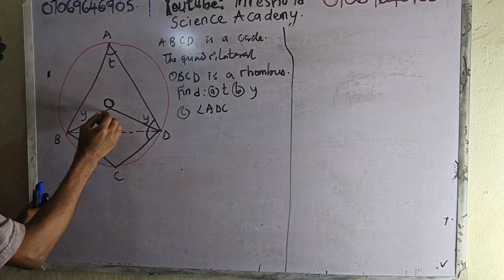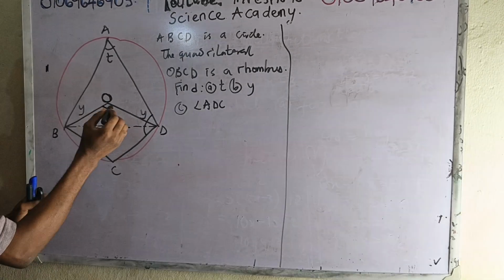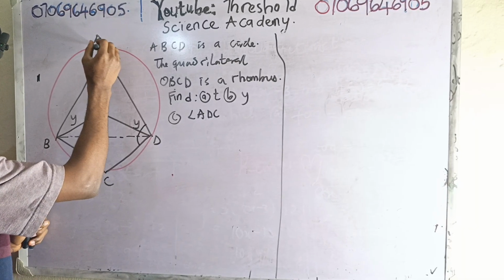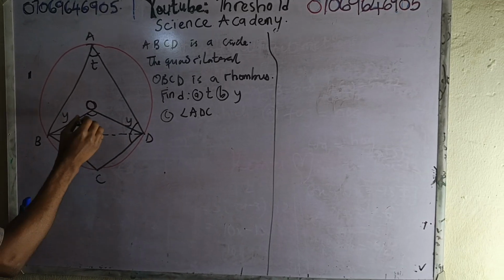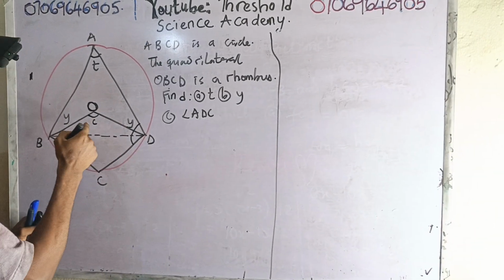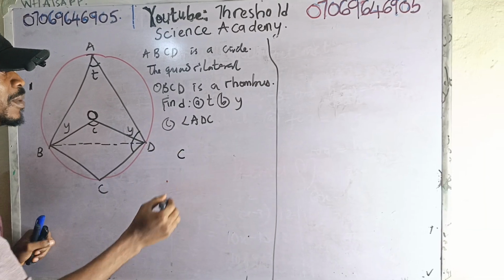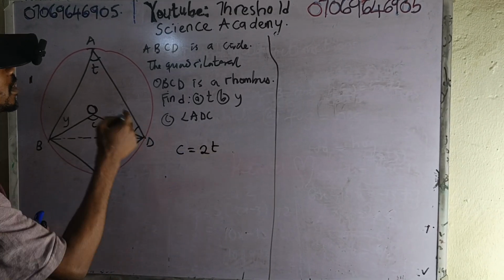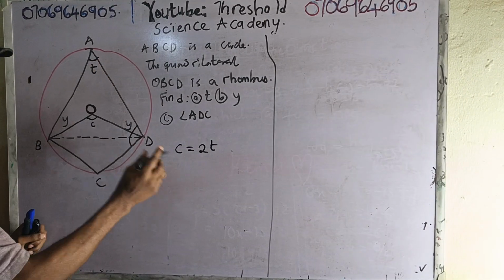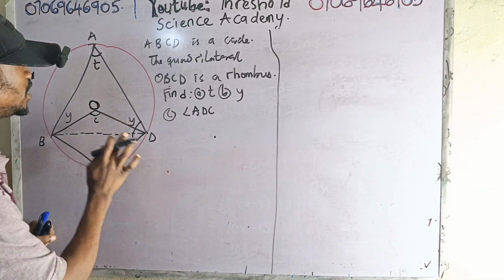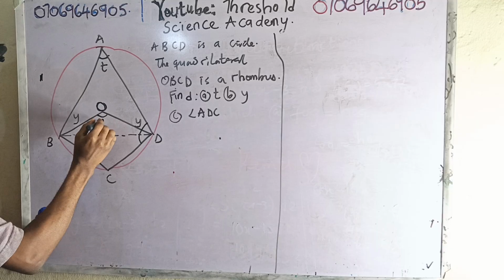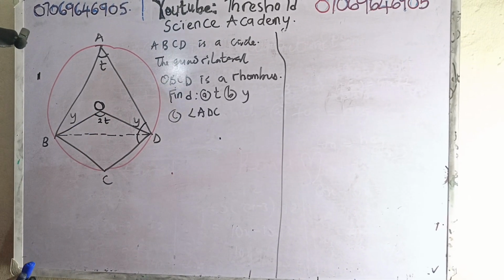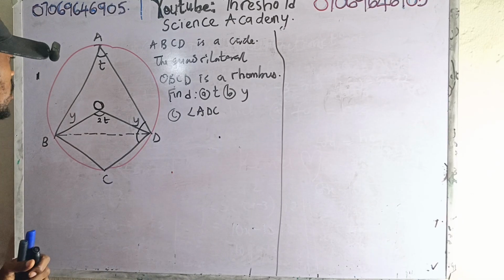Angle T is at the circumference of the circle. So the angle at the center is twice the angle at the circumference, which is T. So here we can put 2T. That's the very first thing we are going to be making use of.